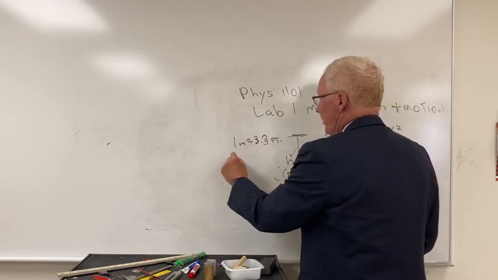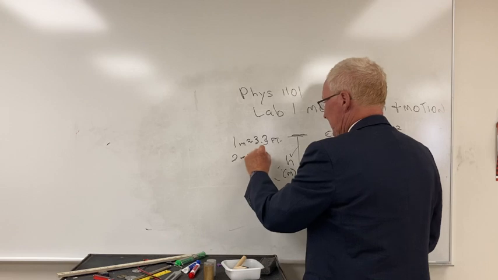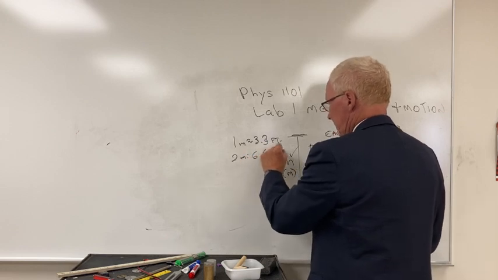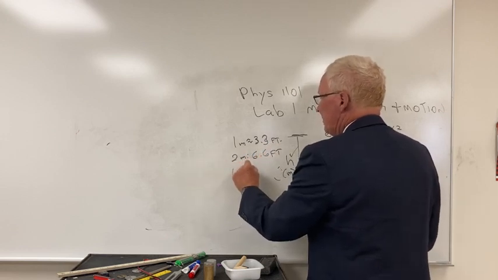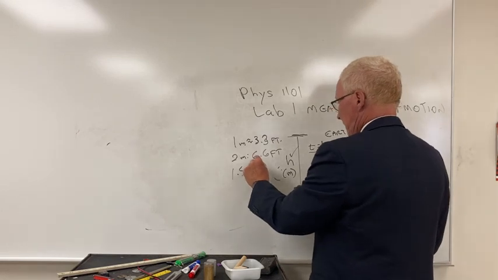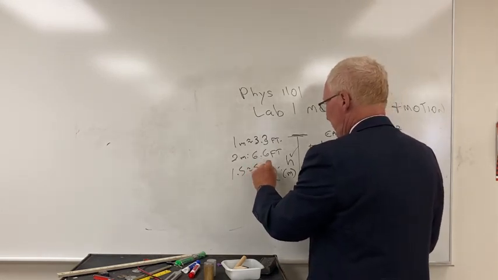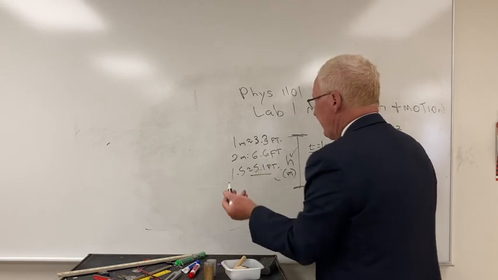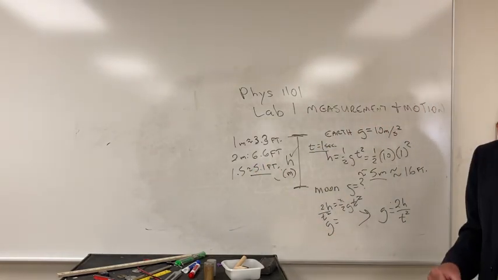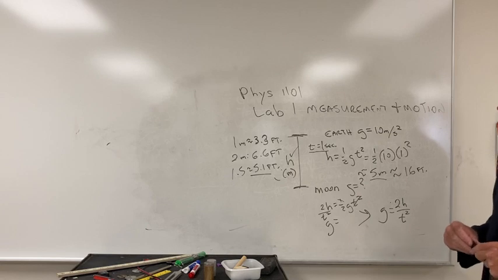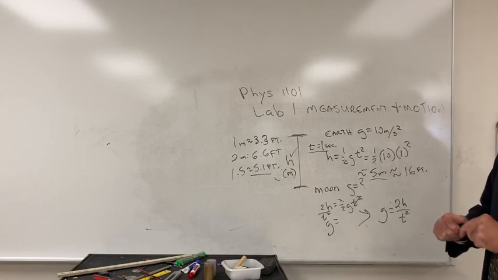So 2 meters is about 6.6 feet. 1.5 meters is about 5.1 feet. All right? So you can estimate that based on that. It's not meant to be precise, but that's part 3.